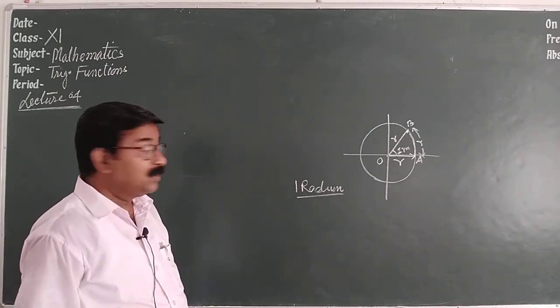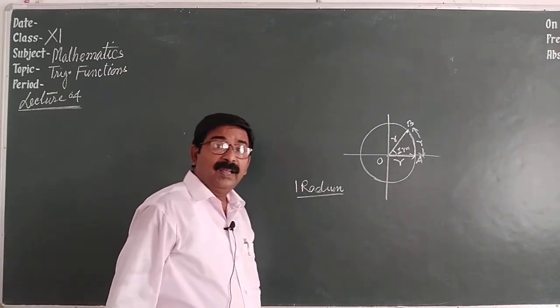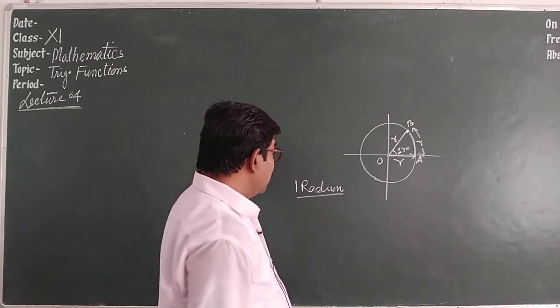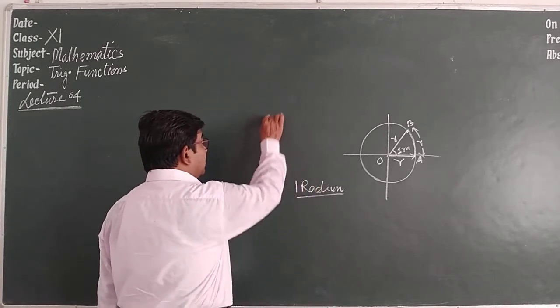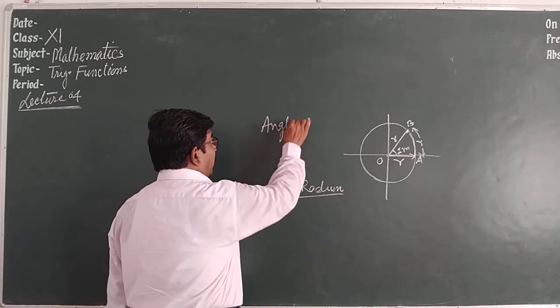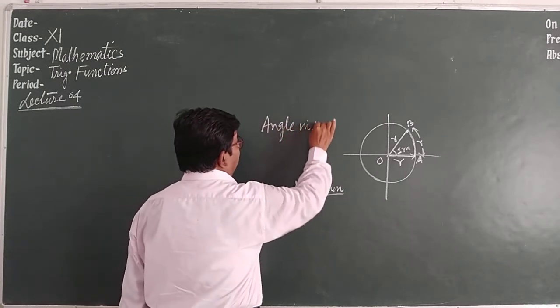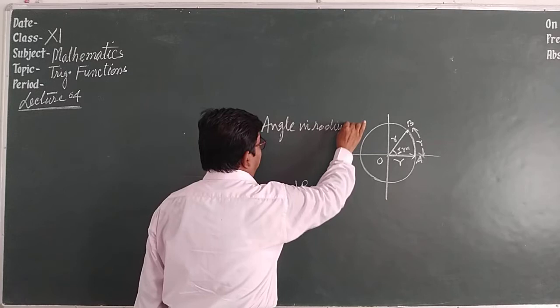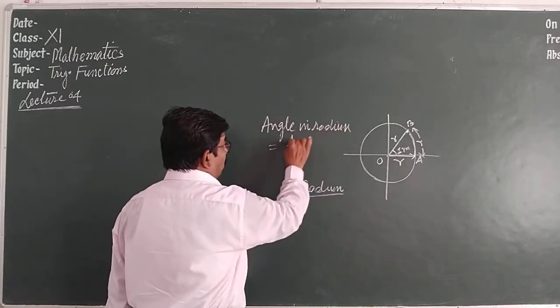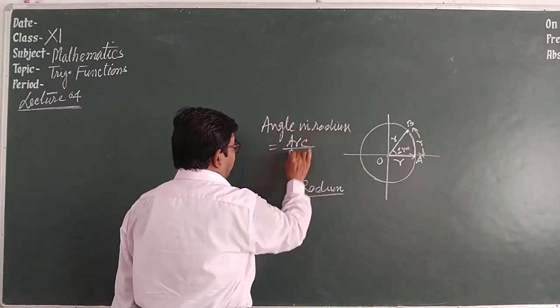Got it? Why is it 1 radian? See the formula, I think you remember: angle in radian is equal to arc upon radius.